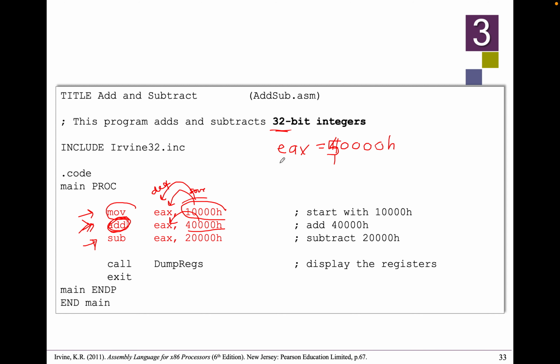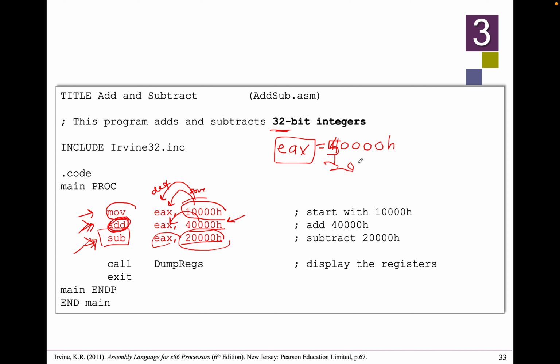Now your new EAX value is updated after you finish the second line. And for the third line, you're going to see it is a SUB. SUB means you're going to subtract 20000 from your EAX.